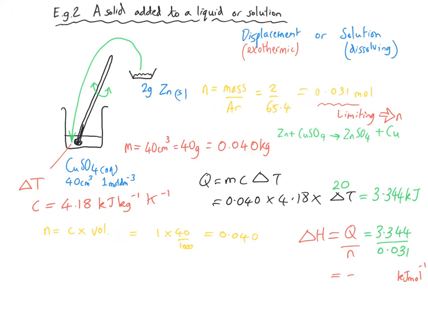And when we plug that into the equation, we get an answer of minus 107.9 kilojoules per mole. And then when we go to 3 significant figures, it's minus 108 kilojoules per mole. And once again, the per mole, it's the per mole of limiting reagent, which is per mole of zinc.